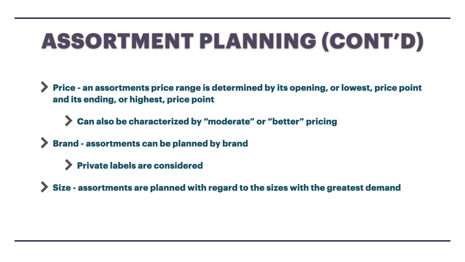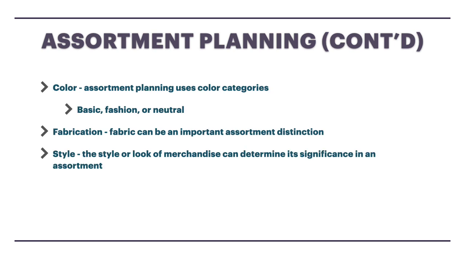Assortments are planned with regard to the sizes with the greatest demand. Color. Assortments are planned using color categories: basic, fashion, or neutral. Fabrication. Fabric can be an important assortment distinction. Style. The style or look of merchandise can determine its significance in any assortment.